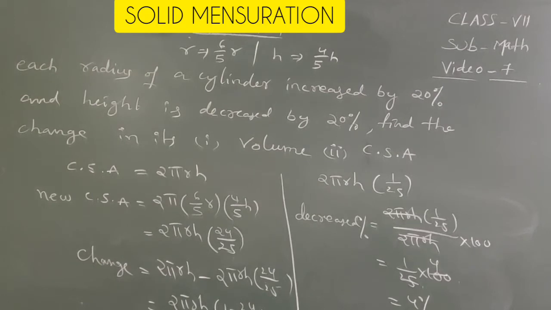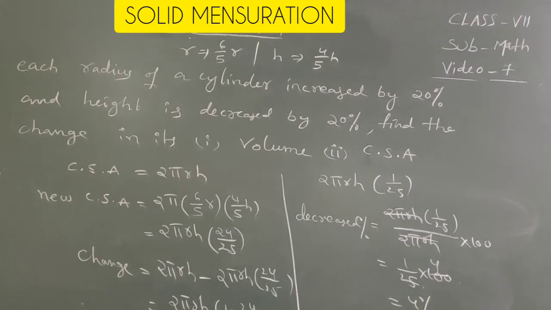In terms of volume, it was increased by 15.2%. But in case of CSA, it was decreased by 4%. In this way, we can find the changes in volume and curved surface areas. Like this, many problems are there for us.